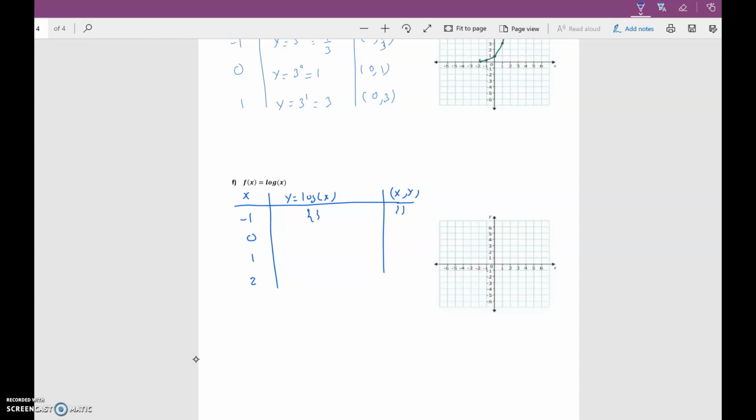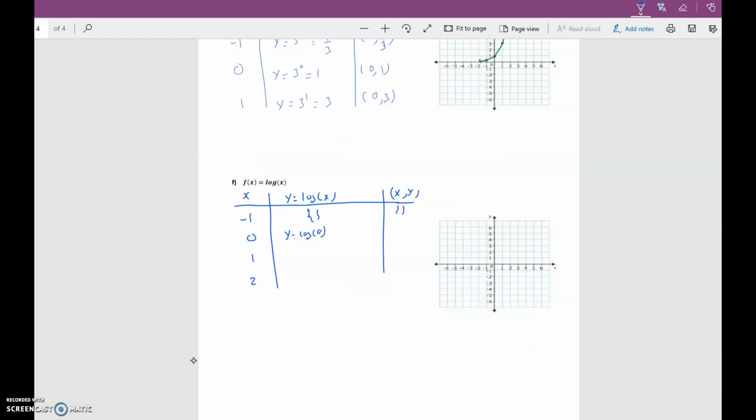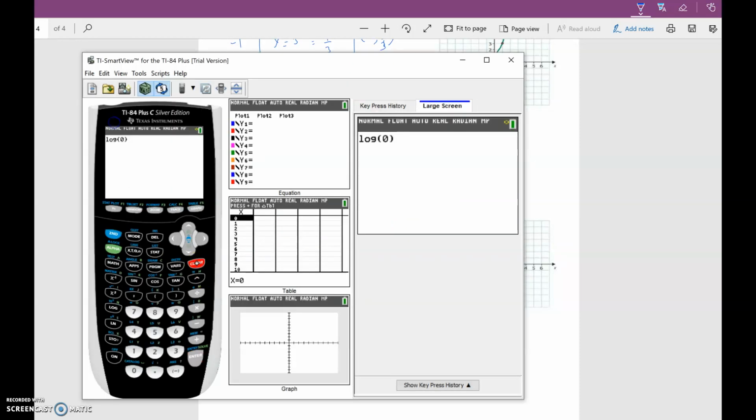Now evaluate y is equal to the log of 0. The log of 0 is going to give us the same thing. If you do log of 0, it's going to give you another domain error. So in this case, you would just say empty set, empty set. Next value, y is equal to the log of 1. That should just be 0. So you're evaluating the log of 1, and this is 0.